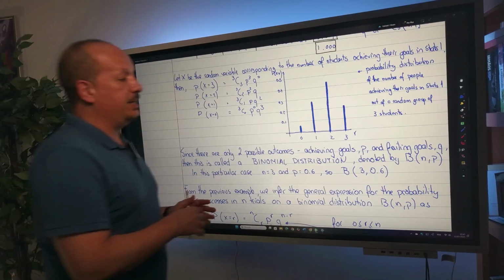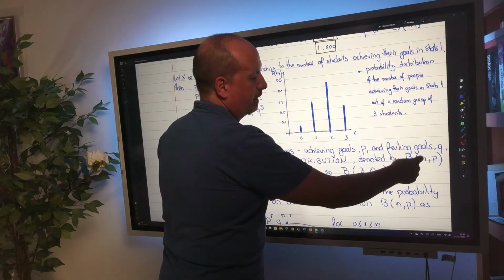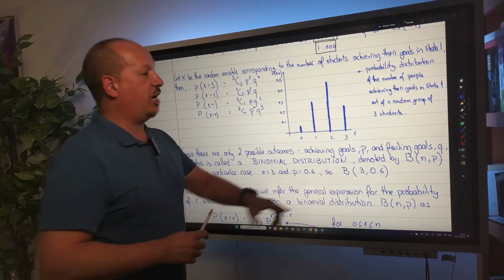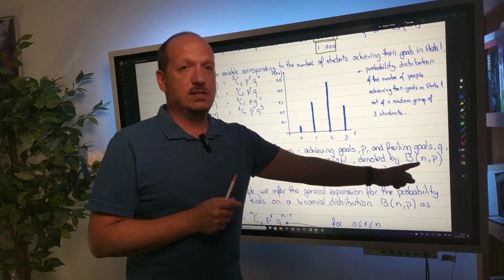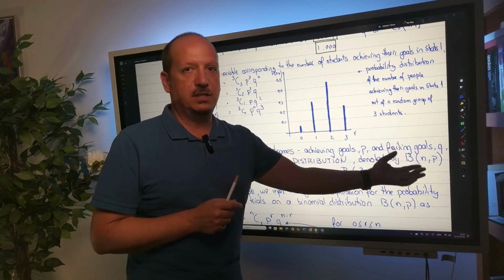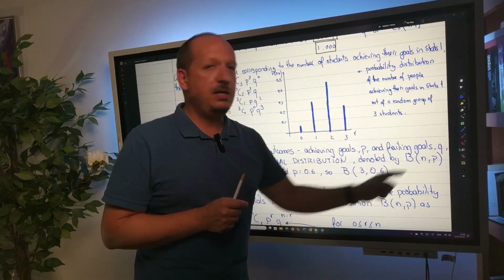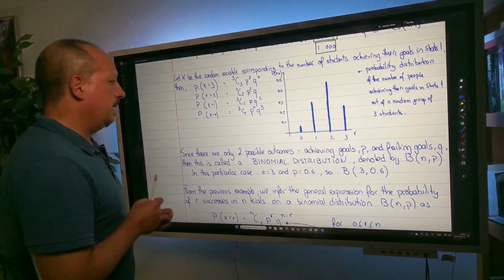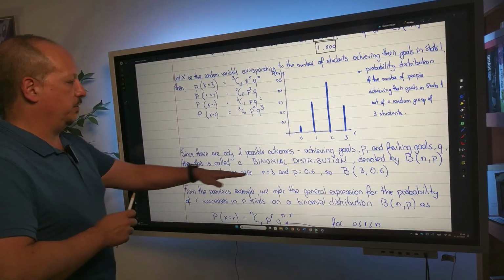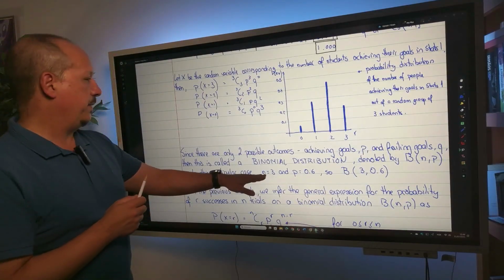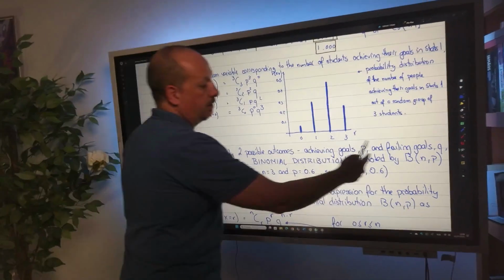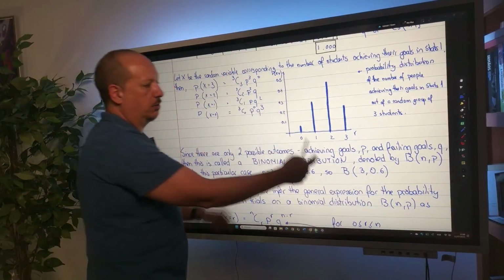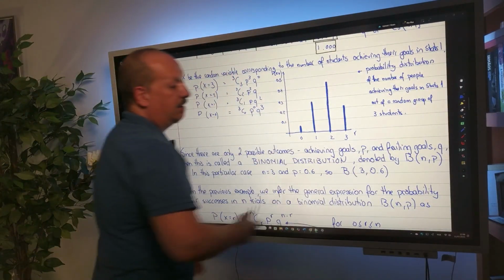And it is denoted by B, open brackets, N and P, in which N is the number of trials, or number of people sampled, in this case 3, and P is the probability of achieving the results. So in this case, N equals 3 and P equals 0.6. So the binomial distribution for this particular case will be denoted by this.